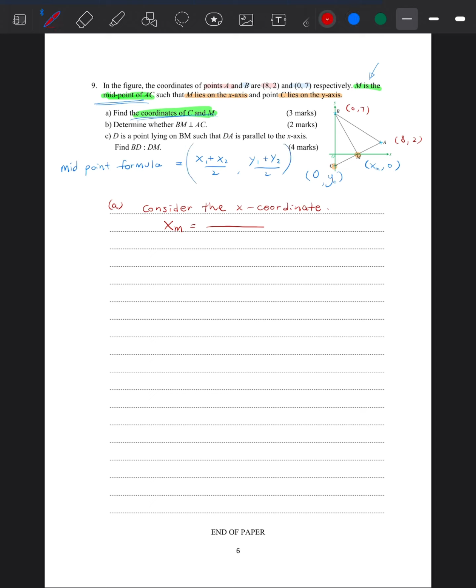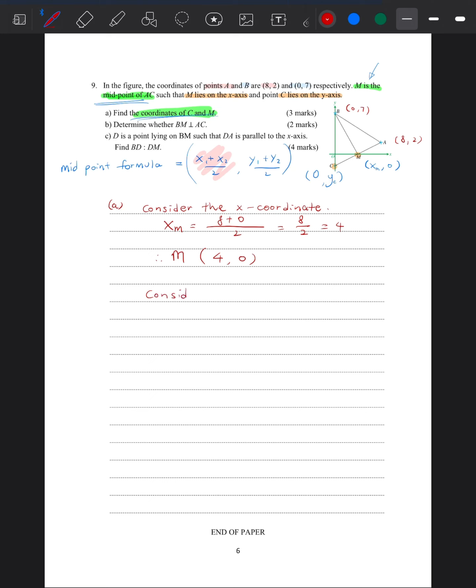So in this case here, when we only look at the x-coordinate, we only need to look at this part. So in this case, it is 8 plus 0 divided by 2. And therefore, your x-coordinate will be 8 over 2 equals 4. So the coordinates of M is 4, 0.